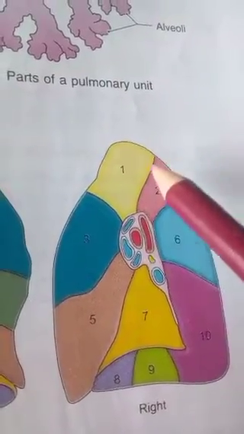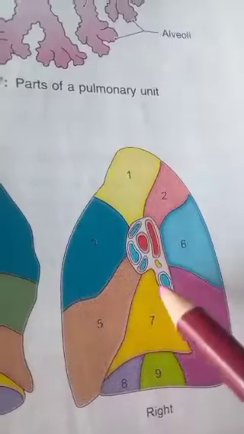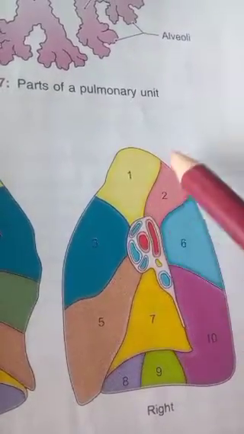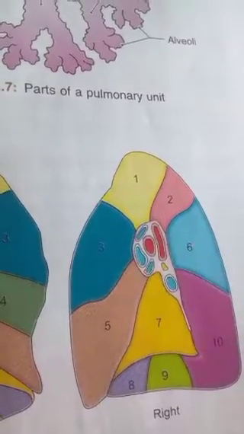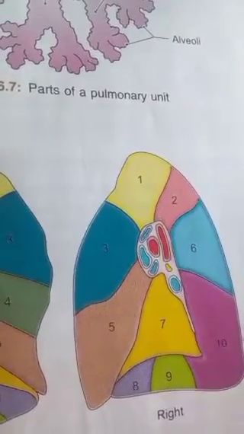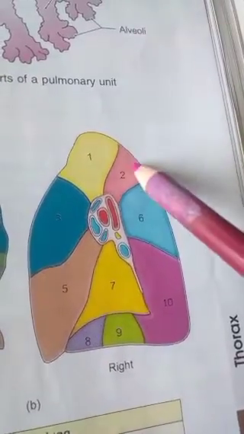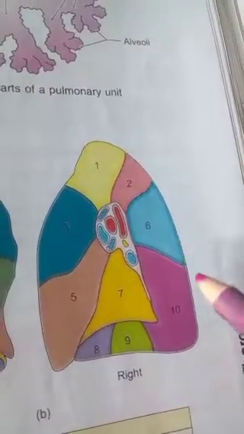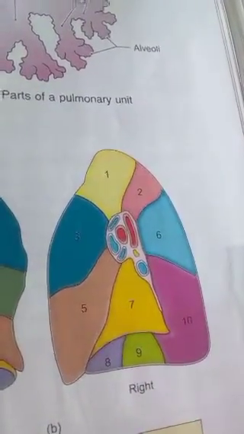Each segment is pyramidal in shape, with the apex of the pyramid directed towards the hilum of the lung and the base of the pyramid directed towards the periphery.